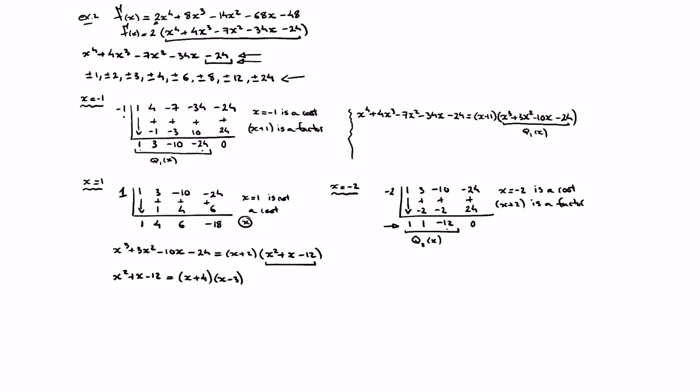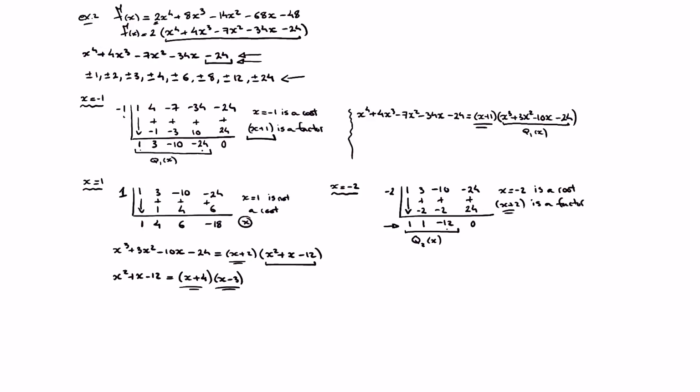So combining all of these results, we can see that we have the factor x plus 1, which we have here. We also have the factor x plus 2. And finally, we have the factors x plus 4 and x minus 3.